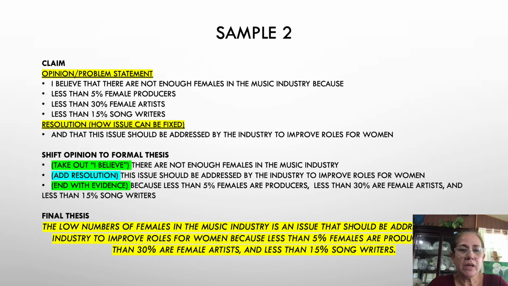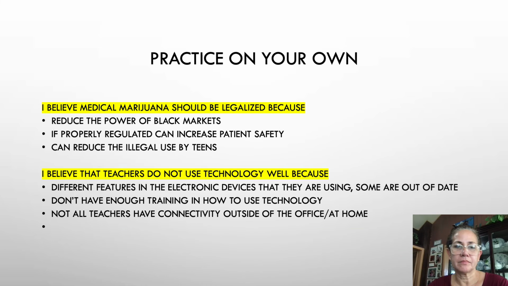Okay? So we have practiced this 2 times, how to take the issue, how to create an I believe statement with your 3 evidence, and then how to take that and make a formal thesis statement. Now for the next 2 slides, you are going to practice that on your own. Right here, I want you to pause the video and look at these 2 I believe statements.